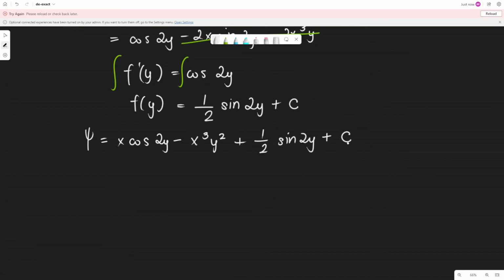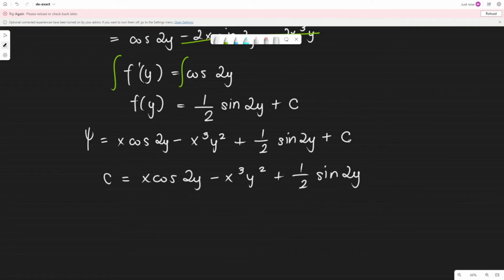So, we can get the value of c. So, we have c is equal to x cos 2y minus x cubed y squared plus 1/2 sine 2y.